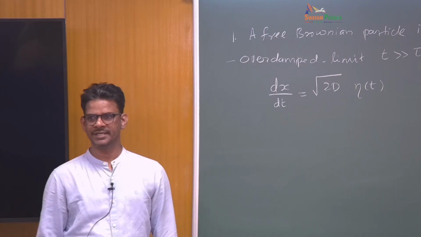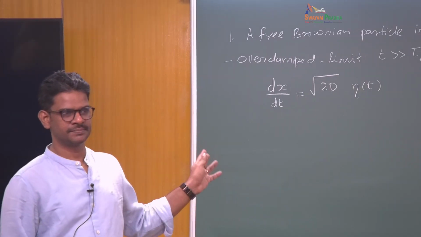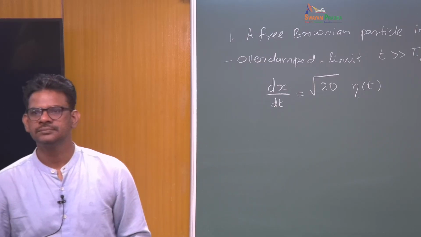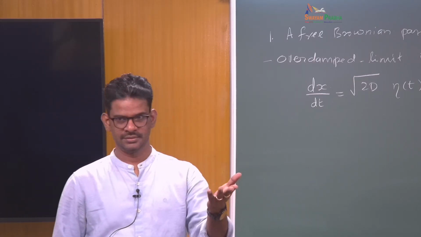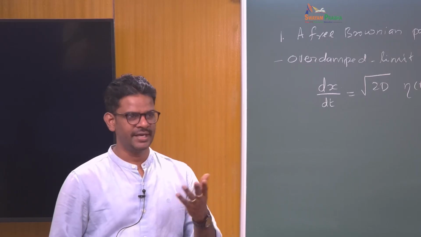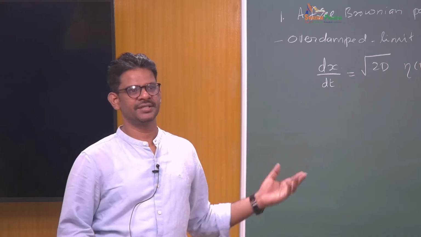I want to non-dimensionalize x, so I need a length scale. What can that be? Micrometer? Anything, yes. Any length scale, the diameter or the radius of the particle, can be taken as a length scale, because that's the only length scale that is there in the problem.